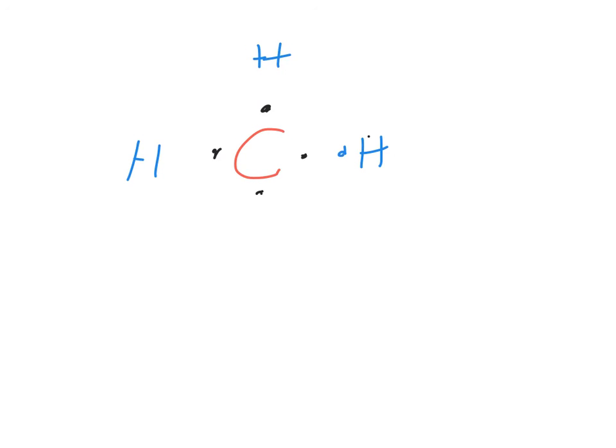Okay, so that's going to tell you how many bonds you have. Hydrogen has only 1 spot where you can put the dot, the actual bond. Where if I get an oxygen, I'm going to have 2 holes.